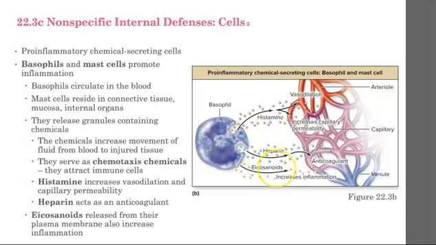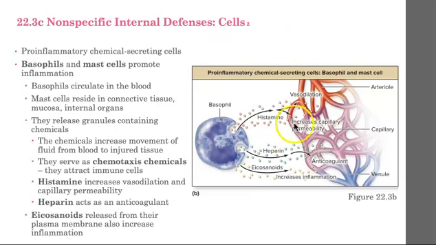So we call this chemotaxis chemicals. Think chemo for chemical, taxis, I think taxi, right? Taxis are always moving. So this is releasing the chemicals and allowing other immune cells to be attracted and want to move within the area.